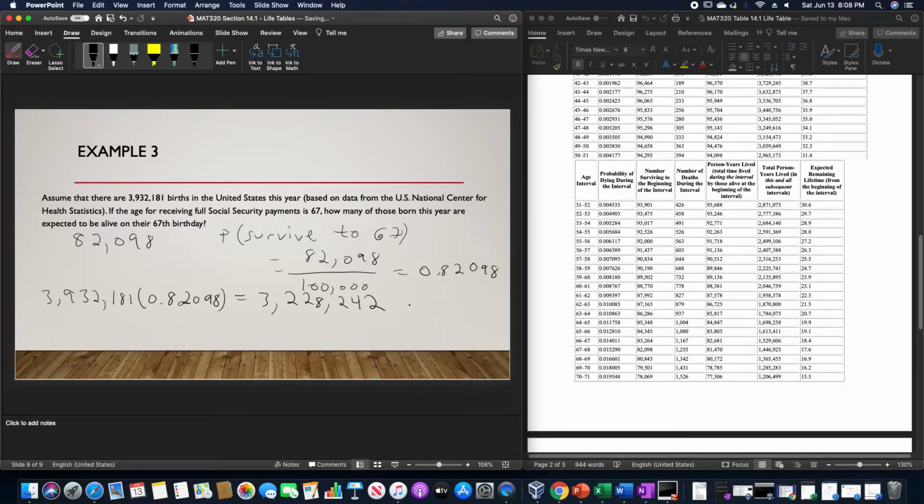And that's the expected number to survive to their 67th birthday, which, as you can imagine, is important to, for example, the Social Security program or health insurance and the like.